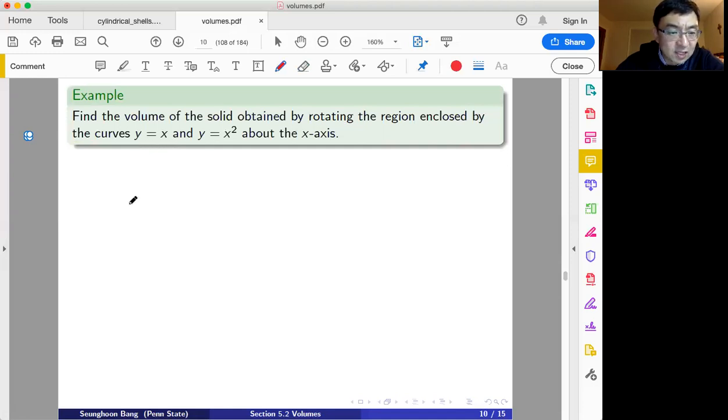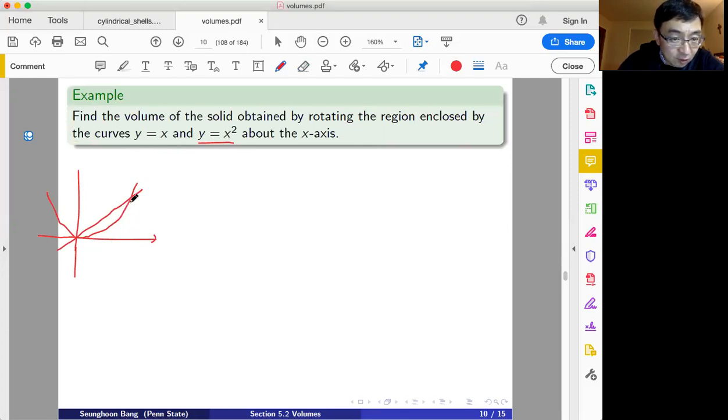Here, y equals x first. You can draw y equals x. Next, y equals x squared is the bottom one.